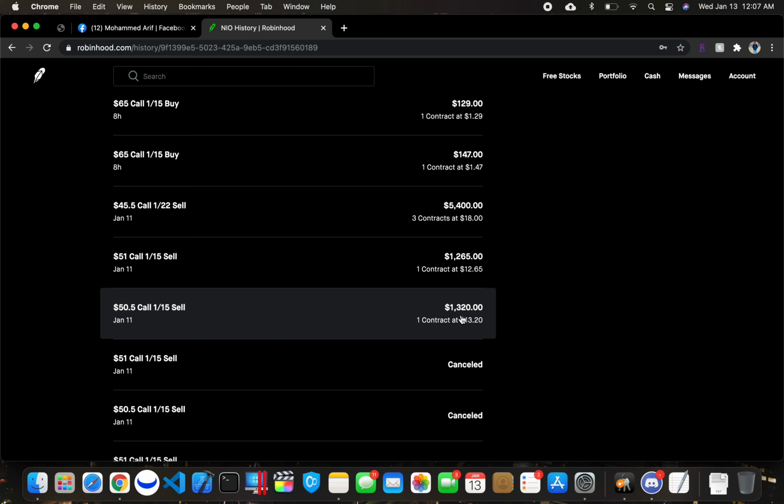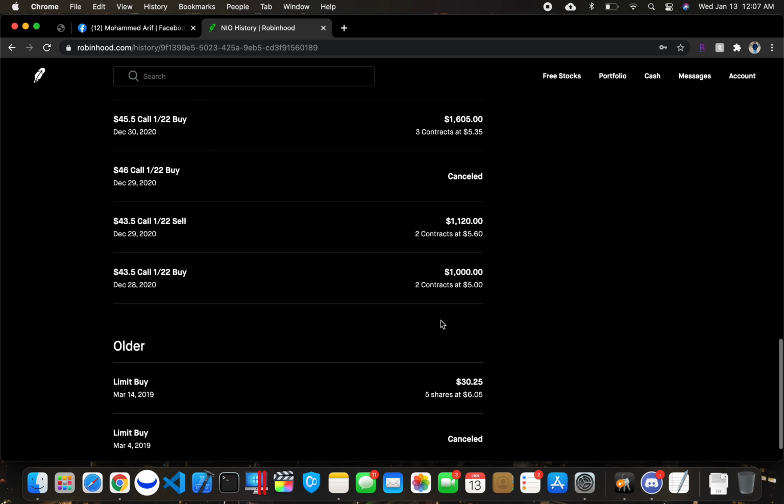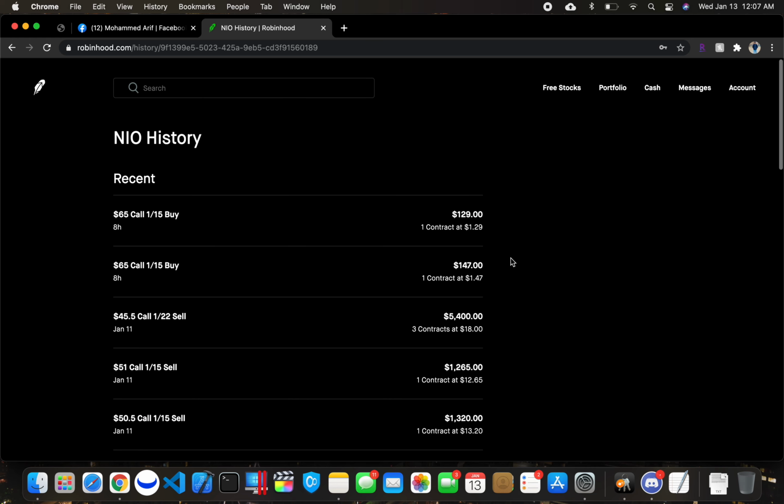So you have to subtract the $400 that I paid from this price in order to get the actual profit. So whatever the amount is after the subtraction, that's the profit that I made on this. And here you can see this $45 call. I made the most profit here, and I paid $1,600 here.